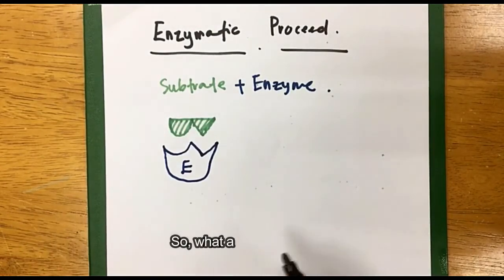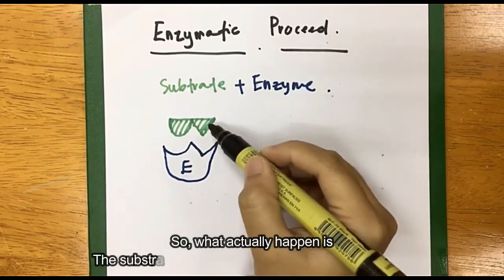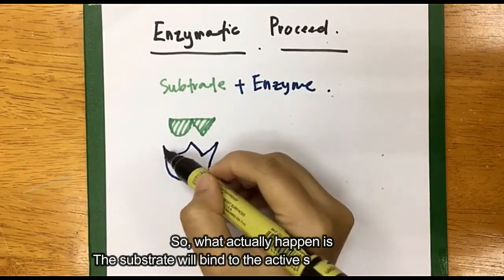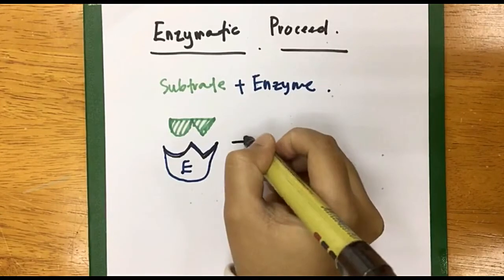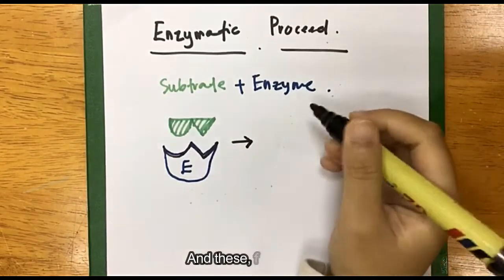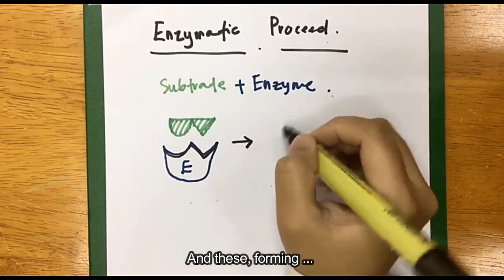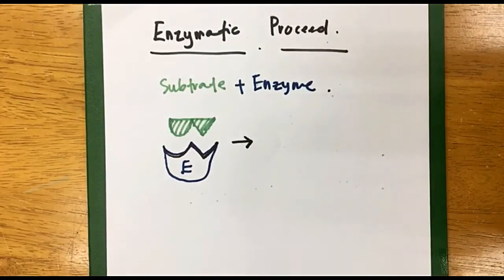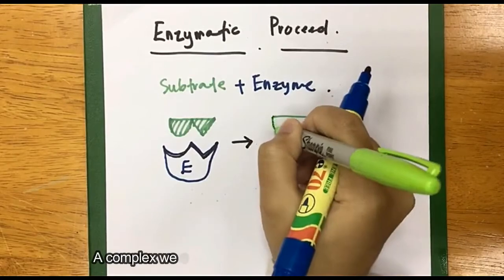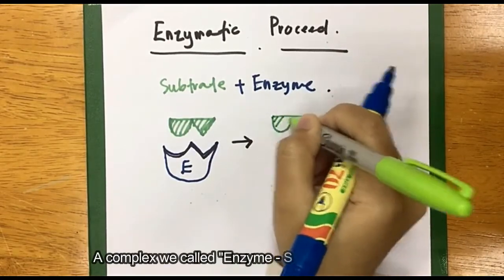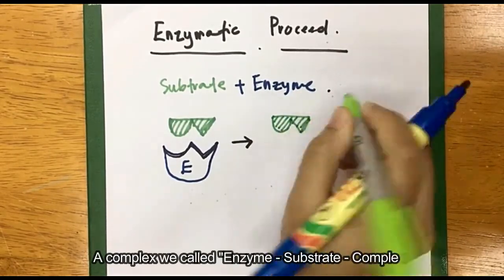What actually happens is the substrate will bind to the active site of the enzyme and thus form a complex we call the enzyme substrate complex.